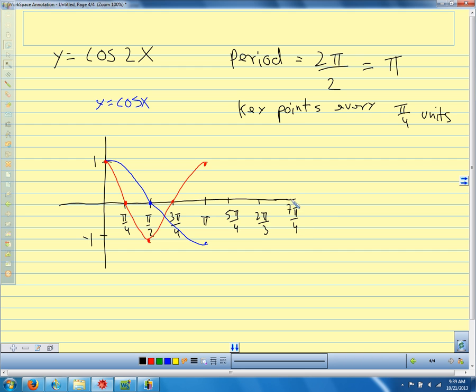So I'm just adding quarter period increments, and my normal cosine function would be here, like so.